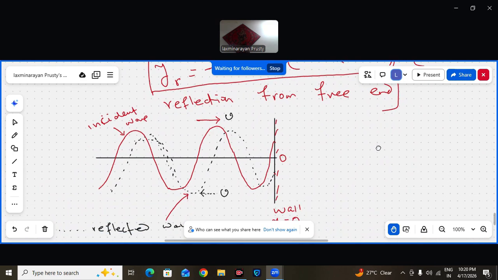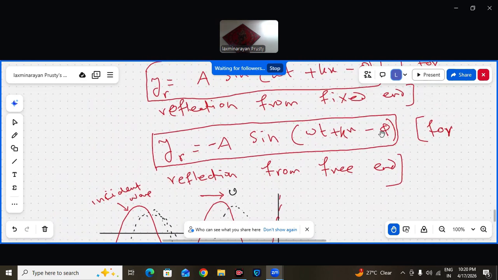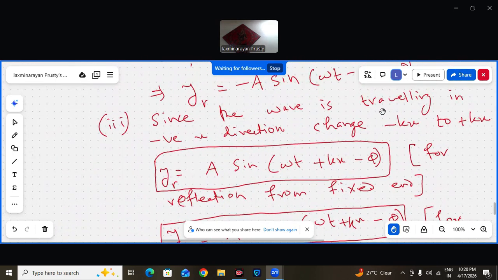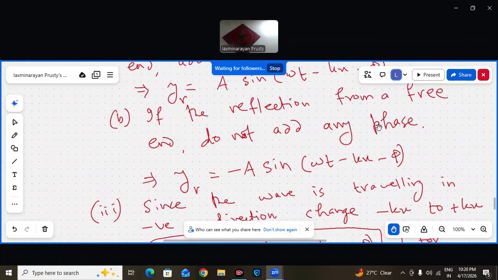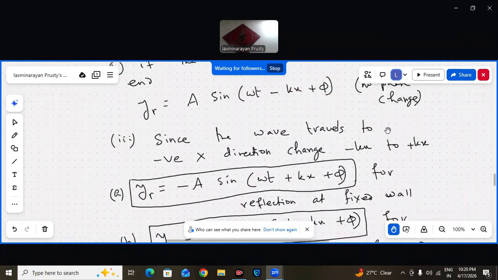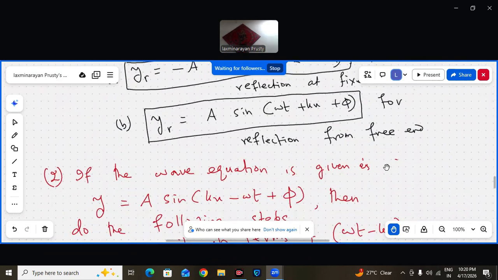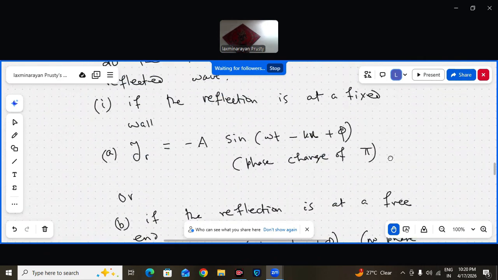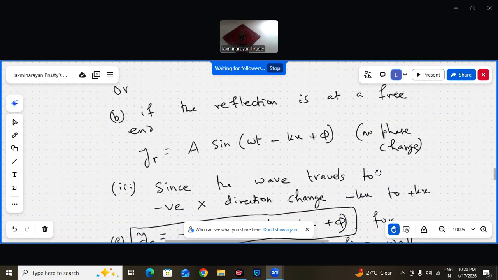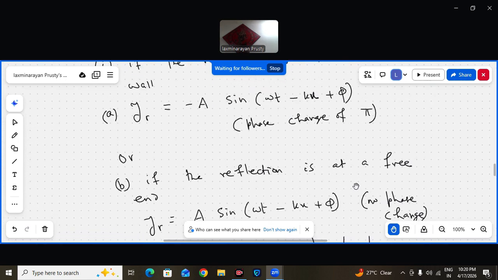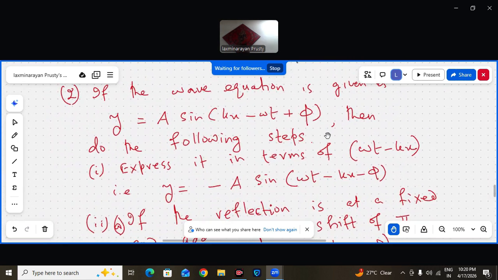Wave is simple, provided your visualization is perfect. So try to go through my discussion again and again. I'm sure you won't face any difficulty. This black one is for the omega t minus kx expression, and kx minus omega t is for the red.